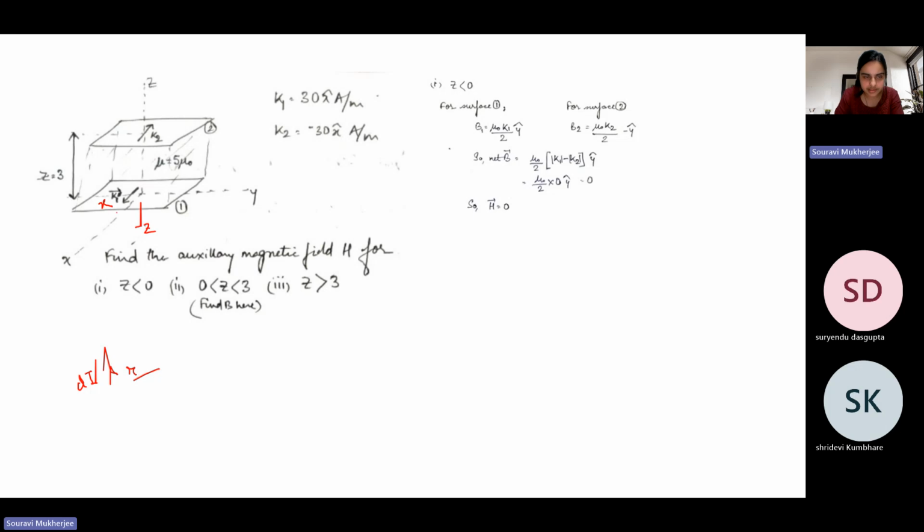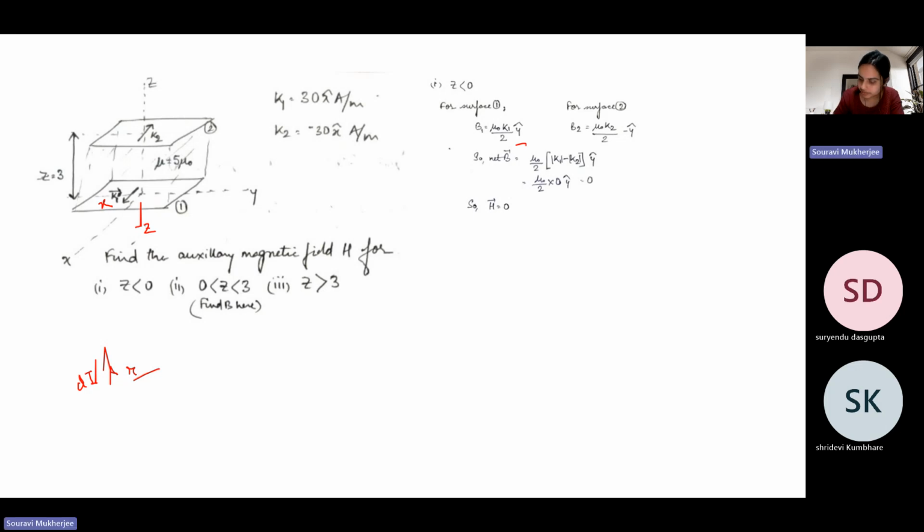So the field direction will be x cross minus z. What is x cross minus z? That is minus of z cross x, and z cross x is nothing but y. So this is y.